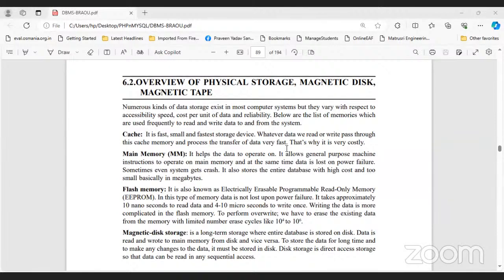So we will discuss about the storage. What are the storage devices?